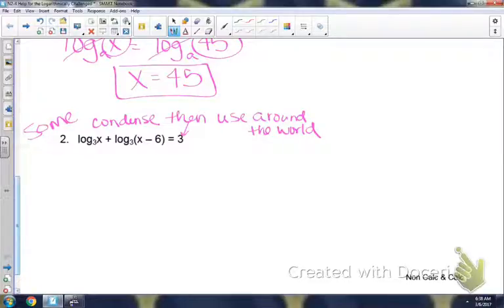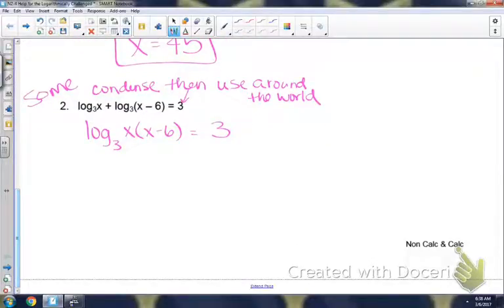We're adding those two, so to condense we'll multiply log base 3 of x times x minus 6. You can go ahead and multiply it or go ahead and do around the world. So my base is 3 to the third power equals x. I'm going to go ahead and multiply it, x squared minus 6x.